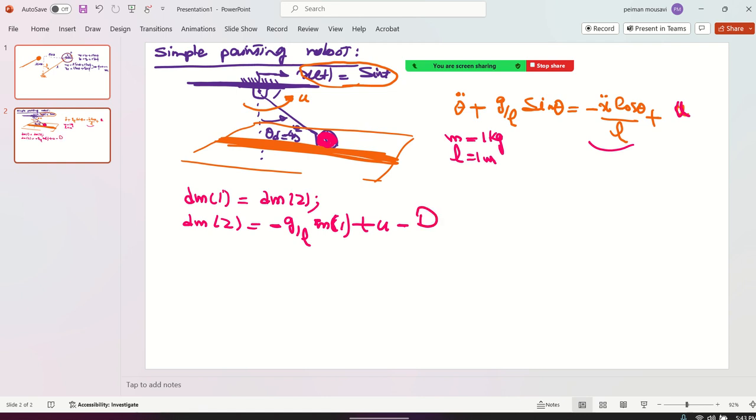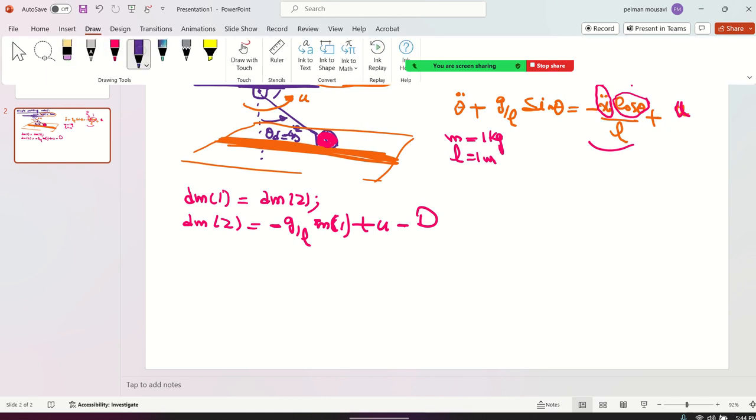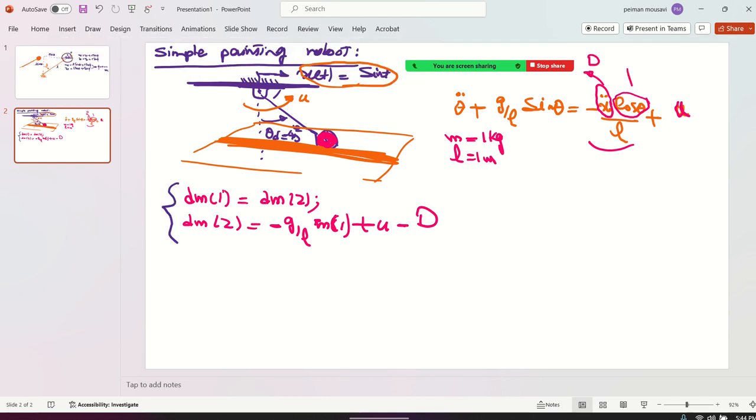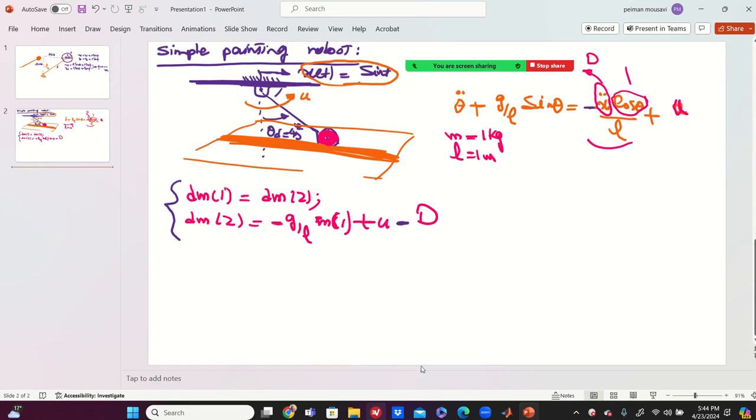I'm saying X double dot is the disturbance. And this goes to 1 for the linearized system. I talked about linearization, and L is 1. Forget about that. So the equation is going to be this for the linearized system. Here we go, and this minus comes here. I derived this already at the beginning of the semester, because I knew I was going to use it one day in the control.